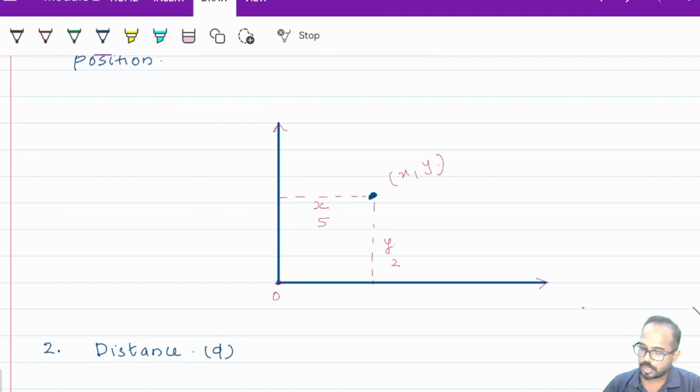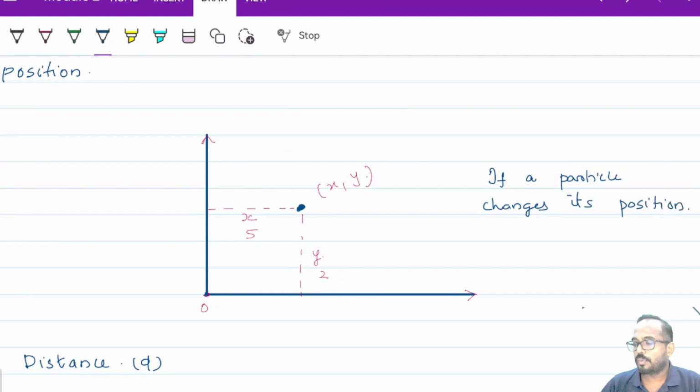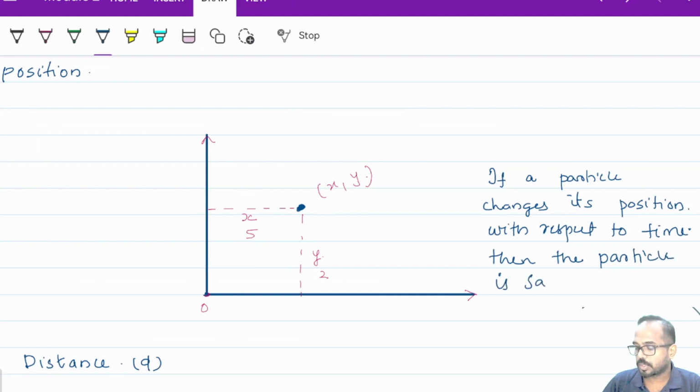How can you describe motion? Motion means, if a particle changes its position with respect to time, then the particle is said to be in motion.